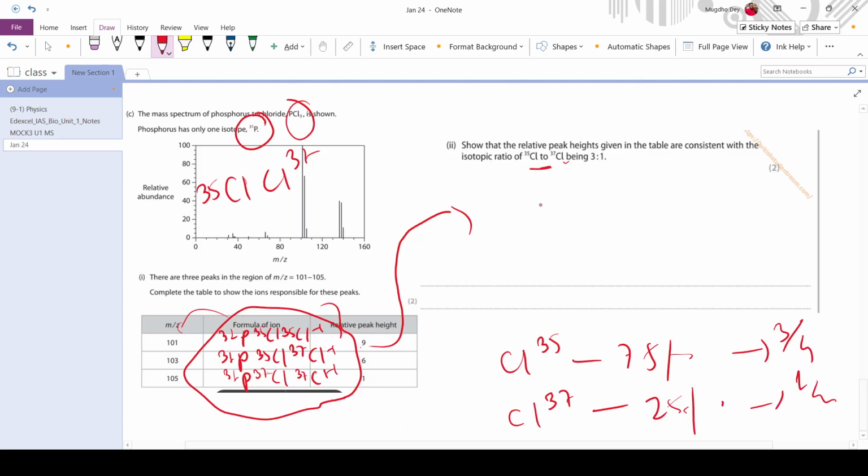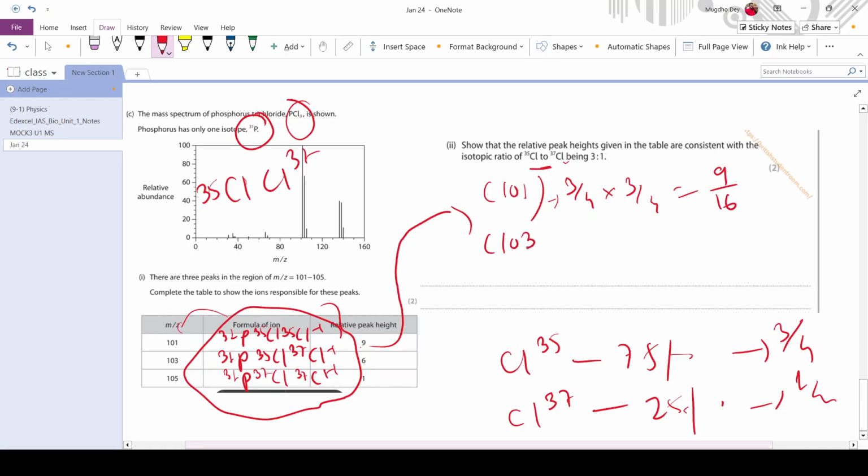So for the first combination, all you do is just multiply the abundances of each. So 3/4 times 3/4, what do we get? For 101 you get 9 by 16.